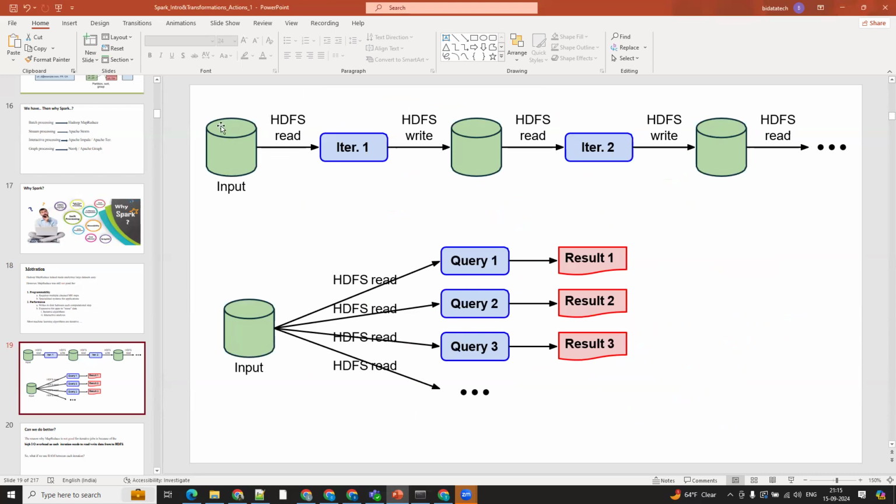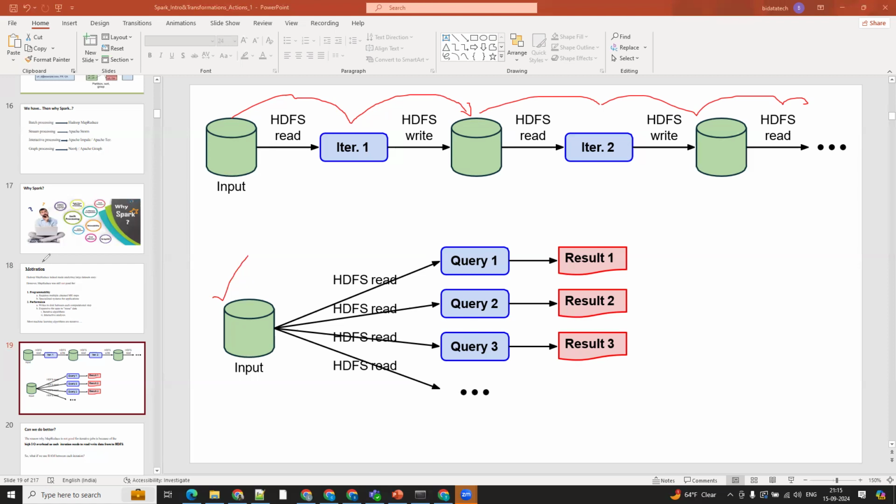In the first iteration, you're reading the data from here, and you have done that iteration and you're writing it back to the HDFS location again. And again, the second time you decide to read that data, you do that again. If any intermediate results are there, you store them on top of the data. In every iteration, you keep reading the data from HDFS and writing it back to the HDFS location. Or if you want to query some data from HDFS, again you have to refer back to the HDFS location only, if you want to run normal SQL queries.